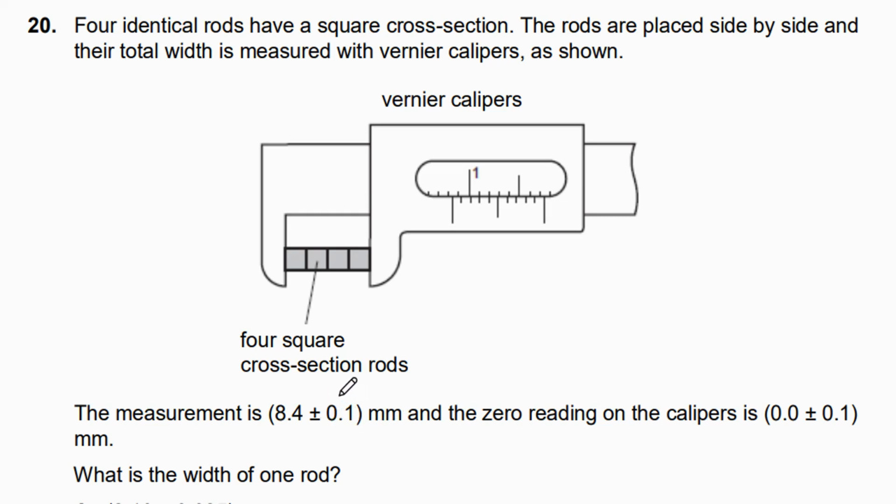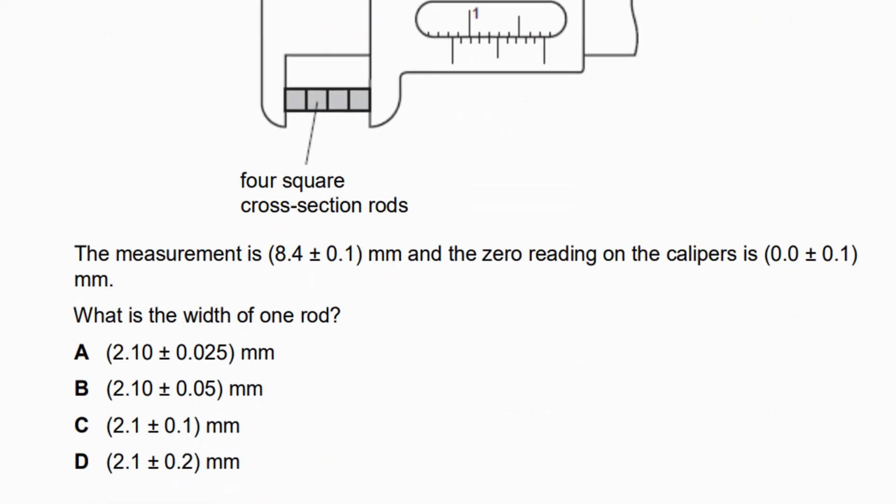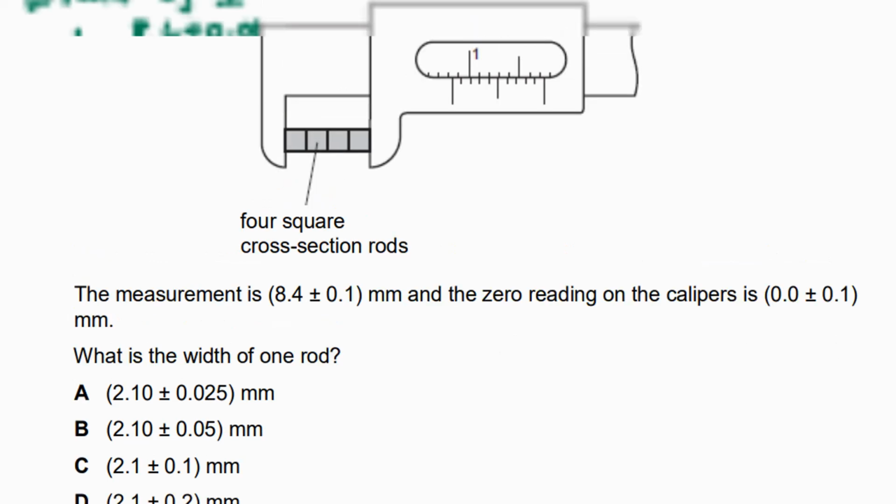So this is the absolute uncertainty of the measurement. And the zero reading on the calipers is 0.0 plus minus 0.1. So the zero reading also has an absolute uncertainty. What is the width of one rod? And we are given 4 options here. So let's find the width of one rod.